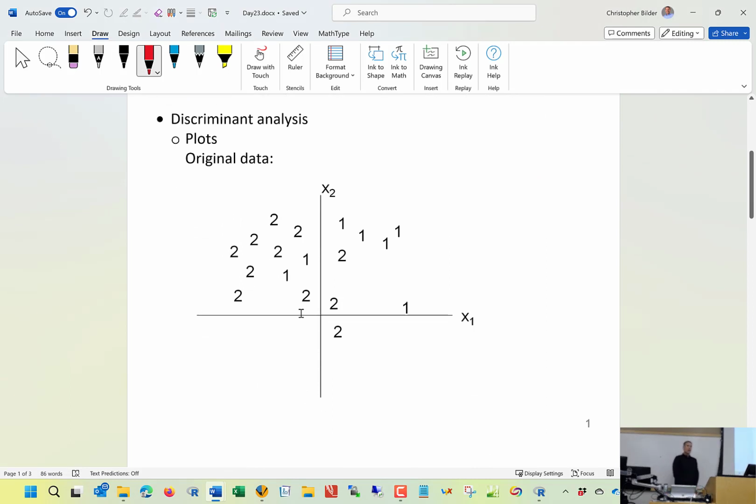I have two groups, two populations. I also have just two variables, x1 and x2. The plotting point corresponds to the actual group of the observation. And just from looking at the scatter plot of the data, immediately you would think, okay, I'm going to have some successes in terms of being able to do prediction here.